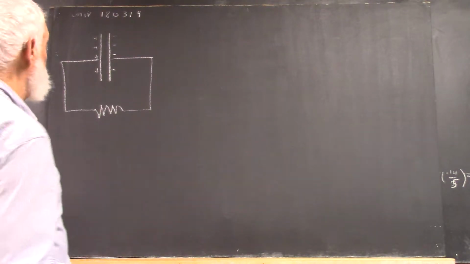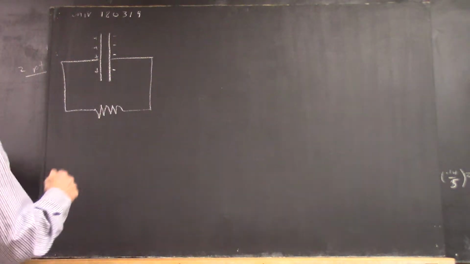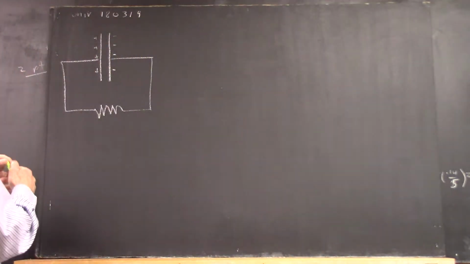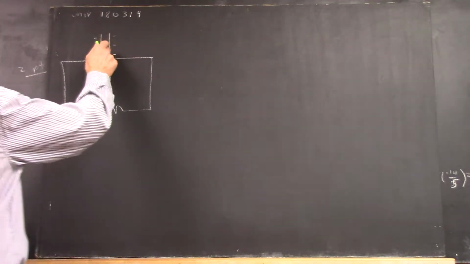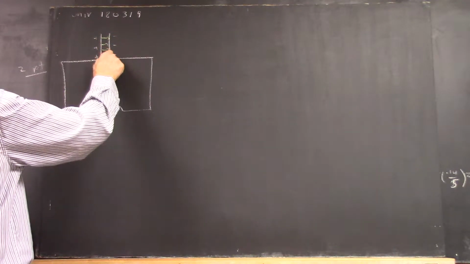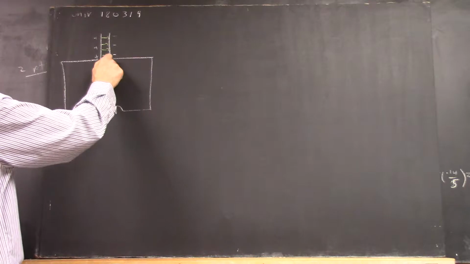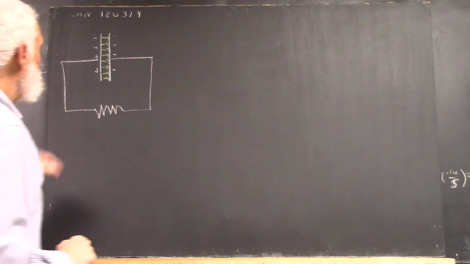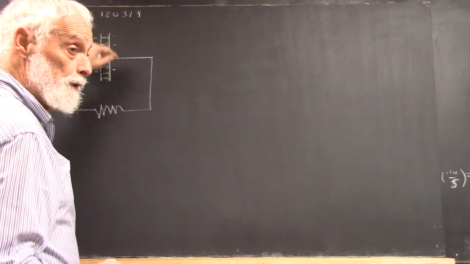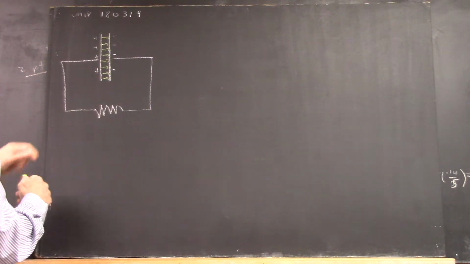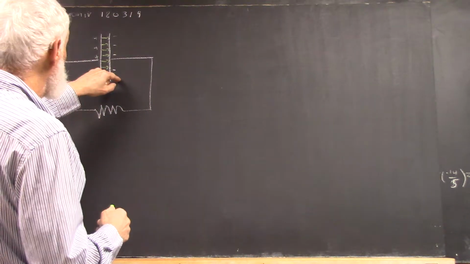So what's going to happen is, first of all, within the capacitor, and you don't need this to answer the question, but you have an electric field. And that electric field, multiplied by the separation of the plates, if you're talking about a parallel plate capacitor, gives you the voltage.